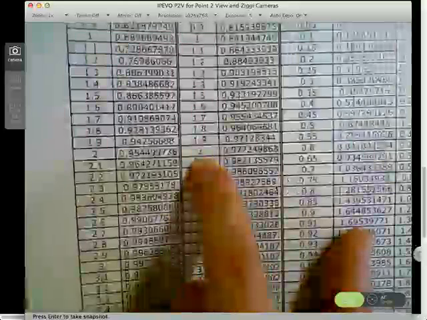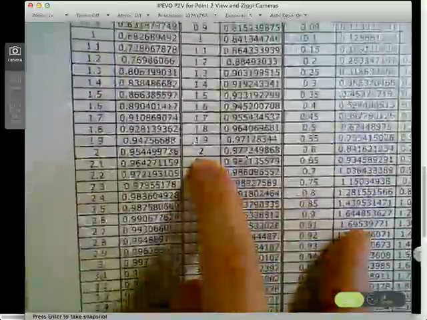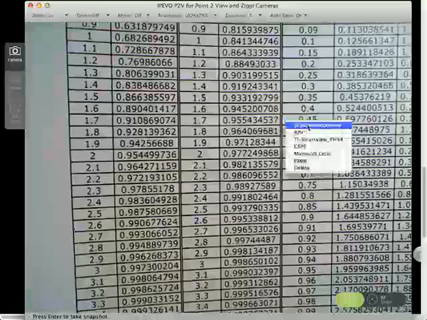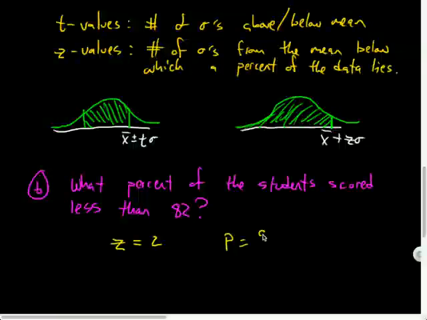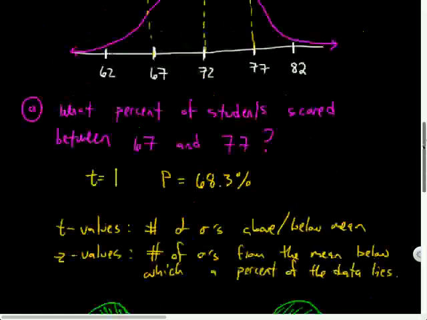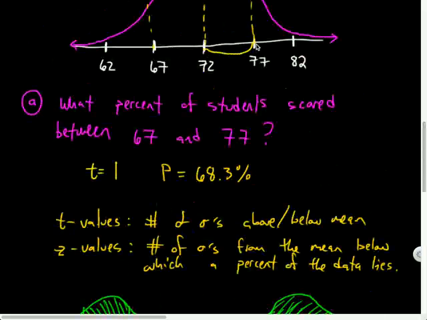And when z is 2, I get 97.7% of the data is less than 82. Wow. Because it was 2 full standard deviations above the mean. Right?